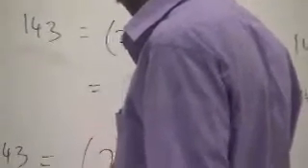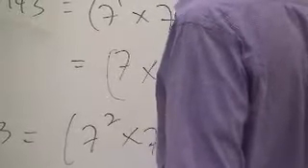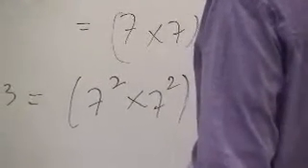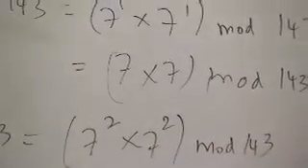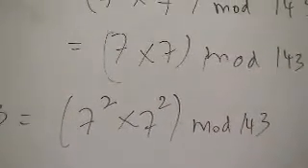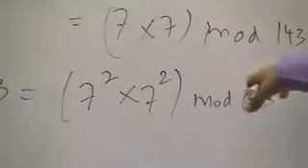Now we want to find 7 raised to 4 mod 143. It's going to be 7 square, squared, mod 143. So all you have to do is substitute: 7 square mod 143 is 49. Take the mod operator inside: it is 7 square mod 143 times 7 square mod 143.